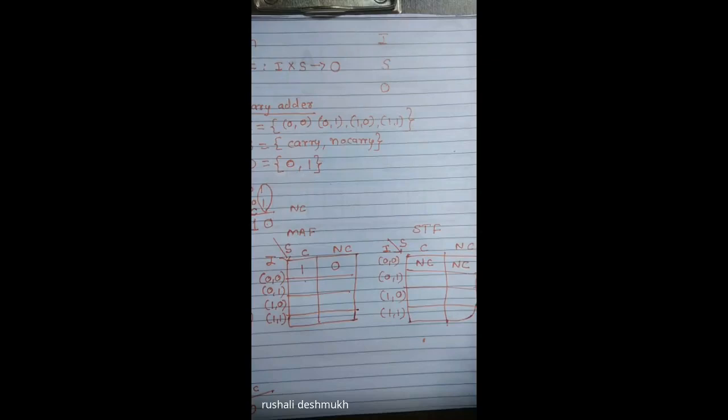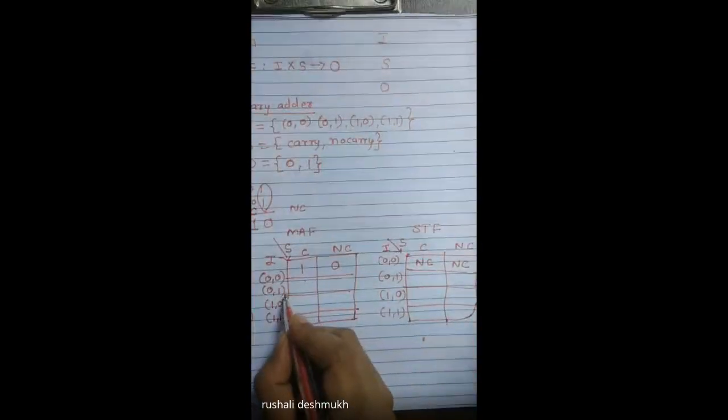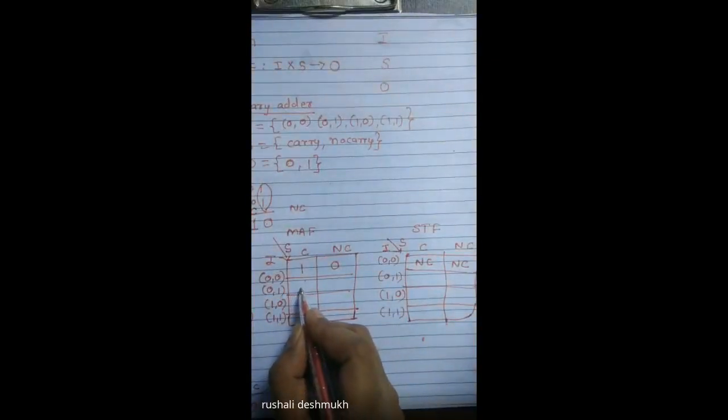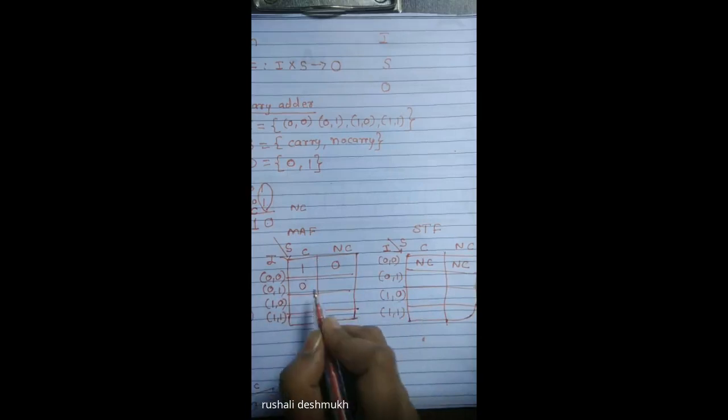Who will tell me the entry for 0 1 and the current state carry? What is the output and what is the next state? Yes, that is correct, Bharat. 0 1 plus carry, output is 0 and the carry is generated, so the next state is carry.